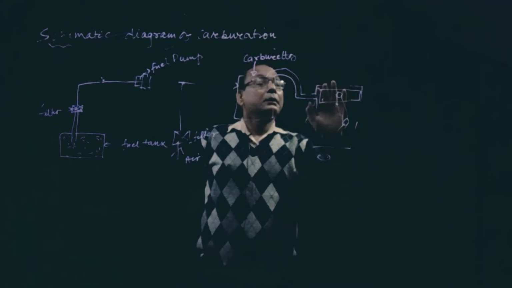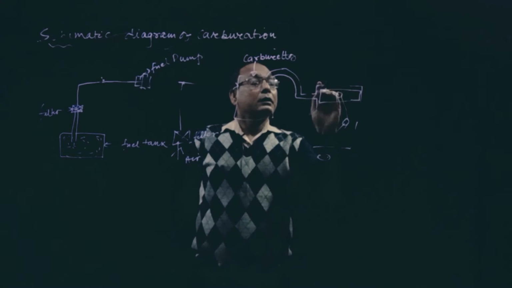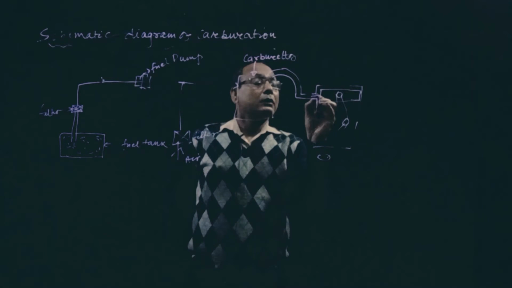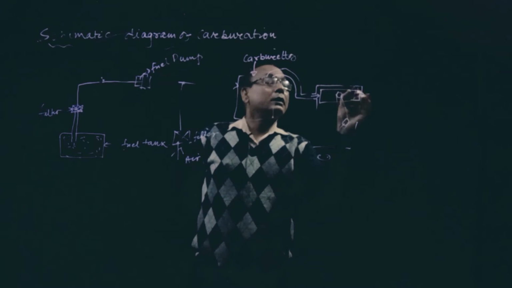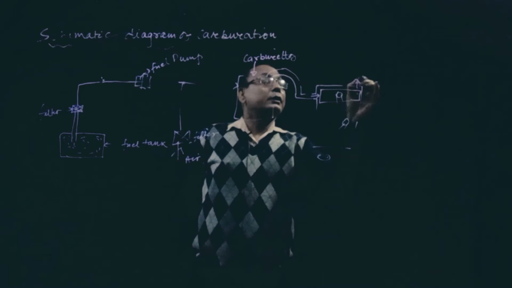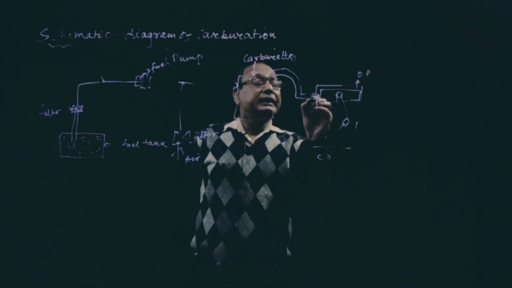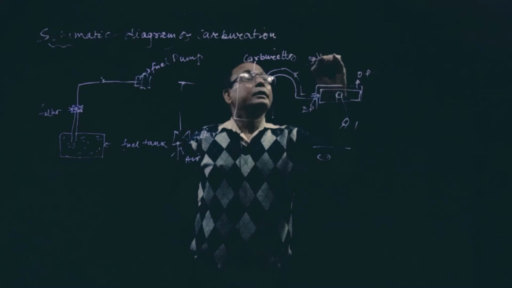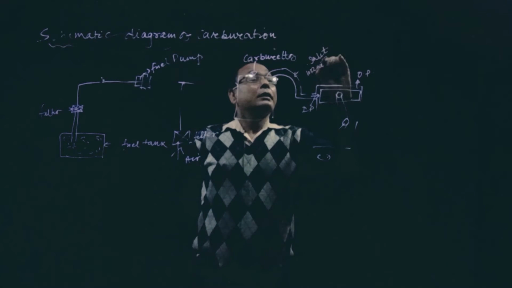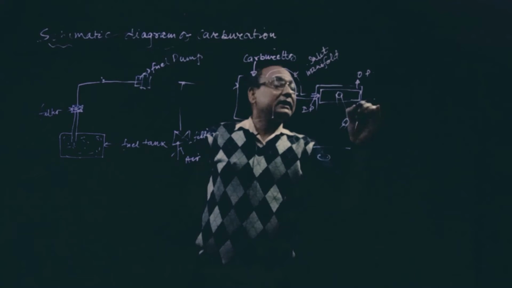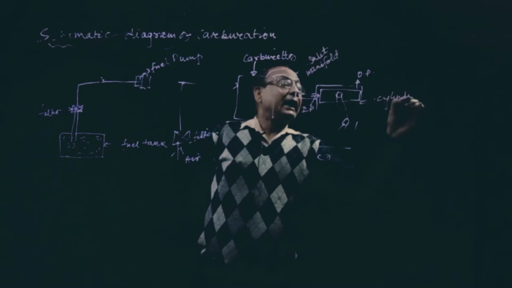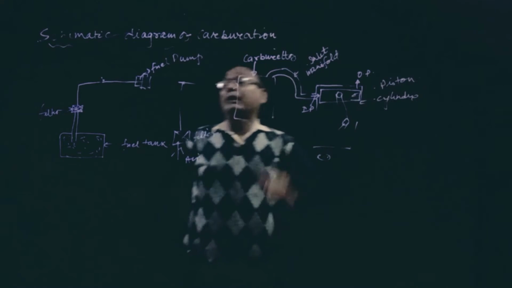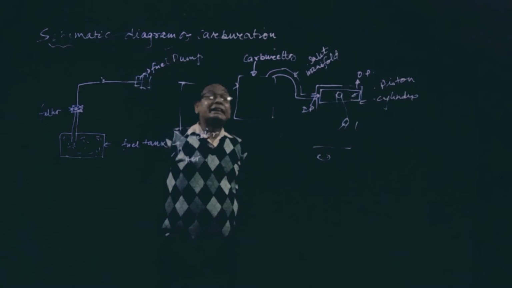This is our piston. Inlet port, and this is outlet port. Outlet port, and this is inlet port actually. Okay. So this is called inlet manifold. And this is cylinder, and this is piston. Okay, this is the schematic diagram by which fuel enters into the carburetor.